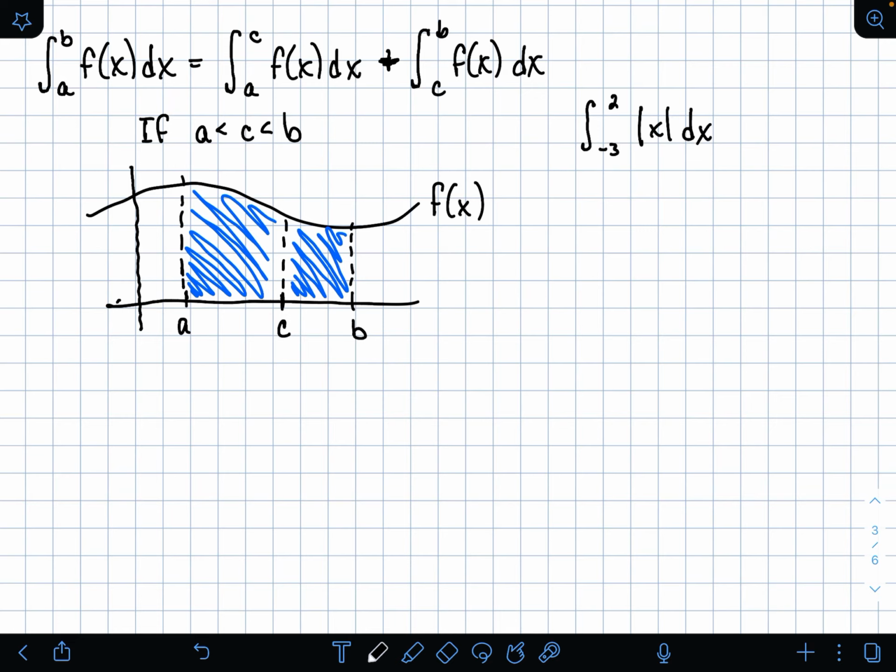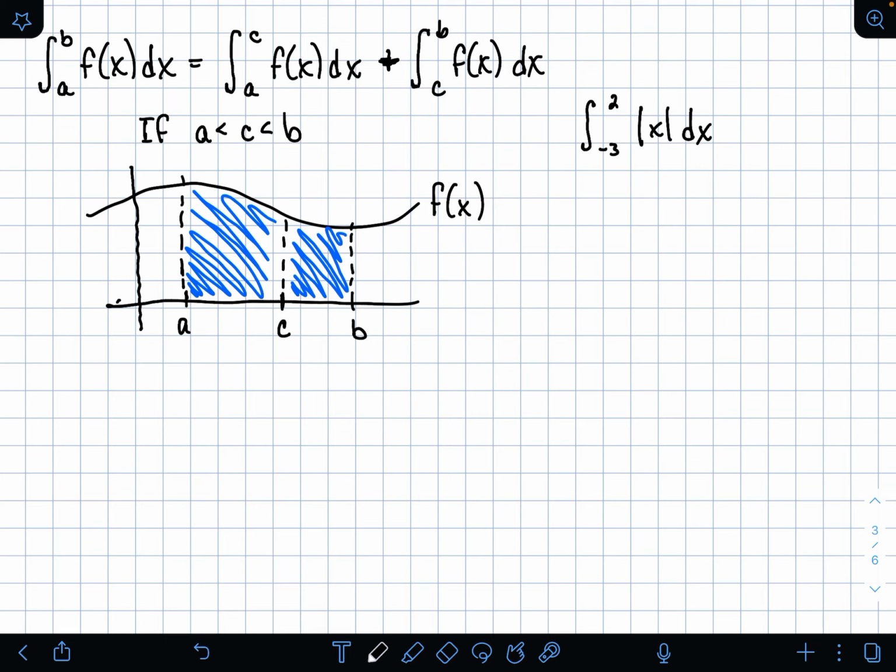At this point, we don't have a Riemann sum formula for it. There is no summation formula that would help us with the absolute value of x. And later on, when we talk about the fundamental theorem of calculus, we won't find any help there either. But what we can realize is that the absolute value function is actually a piecewise function.